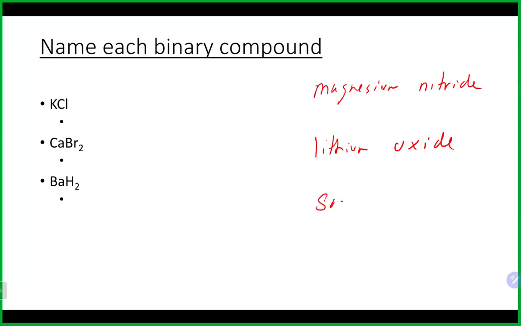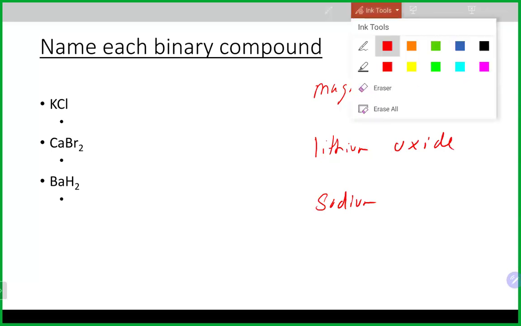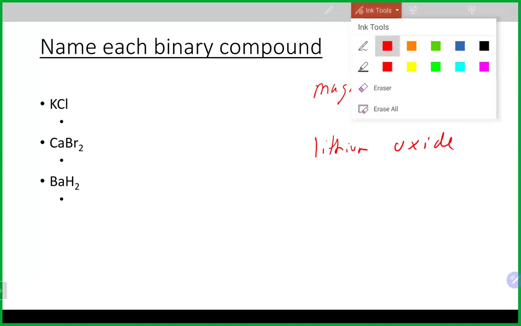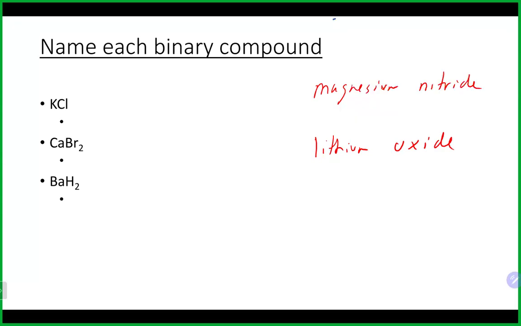Let's do sodium. Let's not do sodium. Let's do aluminum oxide. No, let's do aluminum sulfide. That's even better. All right, on the left there, we want the proper name. On the right, we want the proper formula. So see what you come up with.